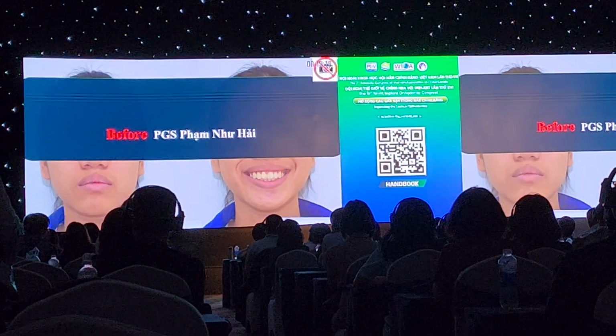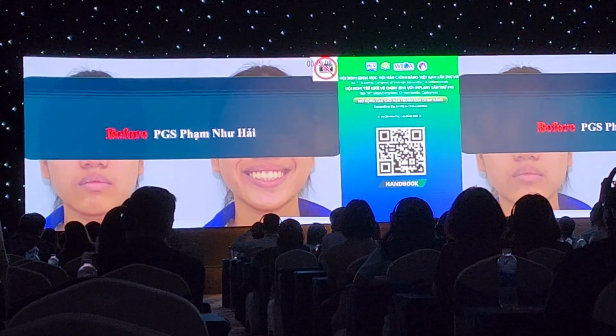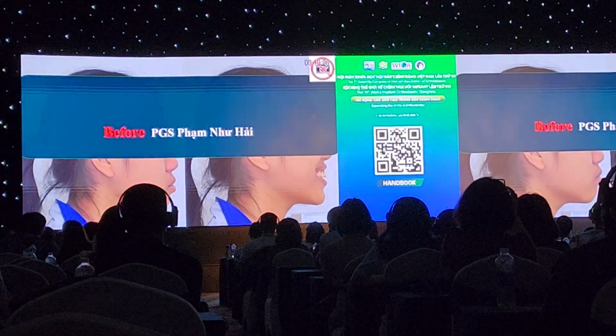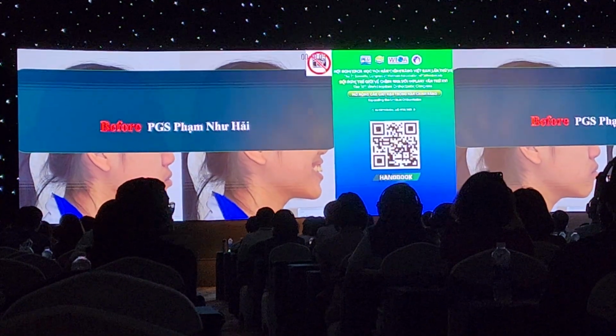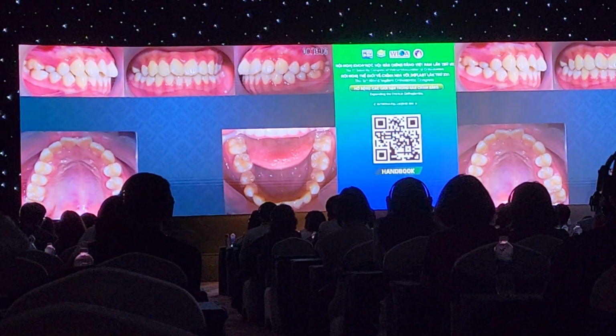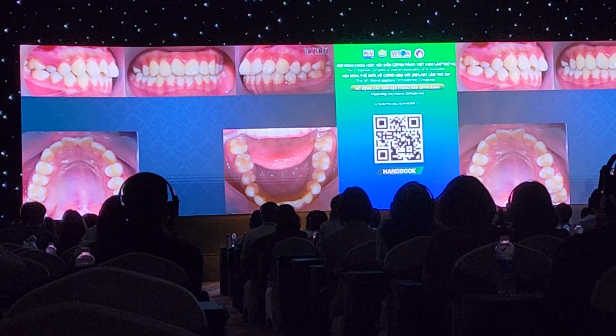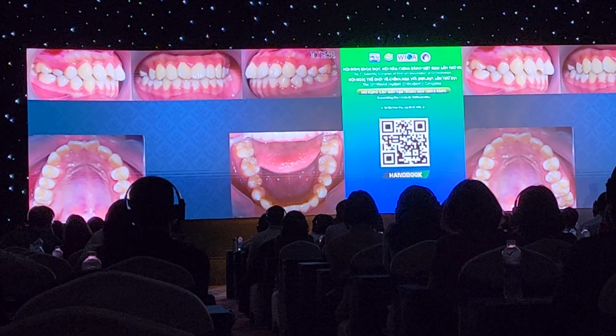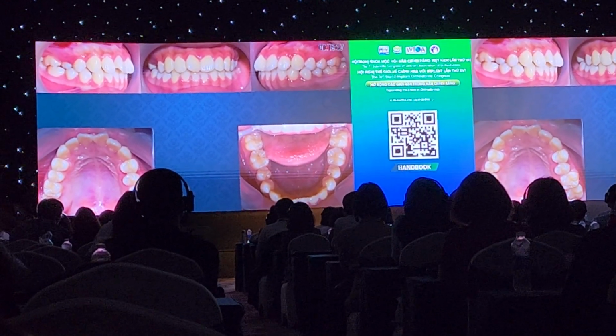Another patient, 15 years old. This is before. It's a class 1 skeletal and class 1 dental.